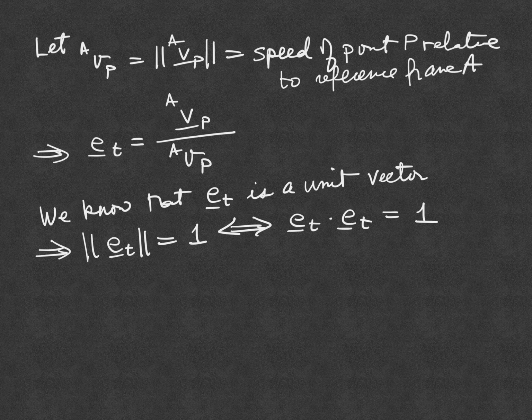Now, given that the dot product of ET with itself is 1, we now know that this dot product, of course, is a scalar, but it's also equal to a constant, which implies that the rate of change of ET dotted with ET is 0, because ET dotted with ET is a constant. It's equal to 1.